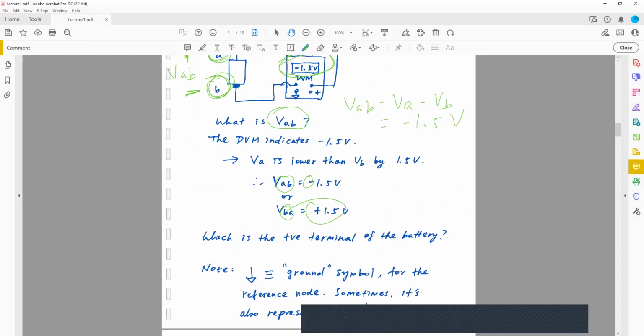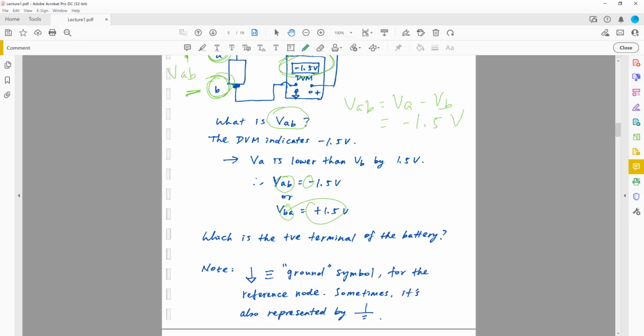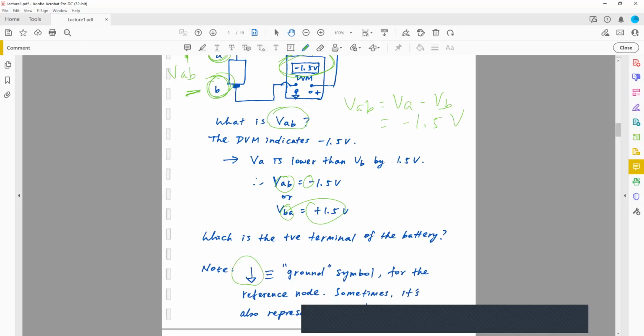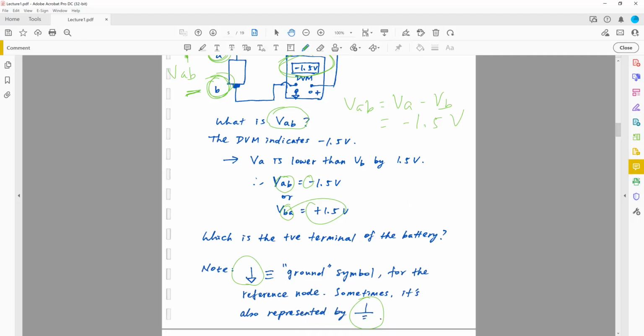Now throughout the course, you're going to see some ground symbols used in the notes and also in your textbook. Depending on the book or the reference notes that you read, sometimes people use this symbol, and sometimes this symbol is used. You see these two symbols sometimes used interchangeably in these lecture notes, and I try to keep it as consistent as possible.